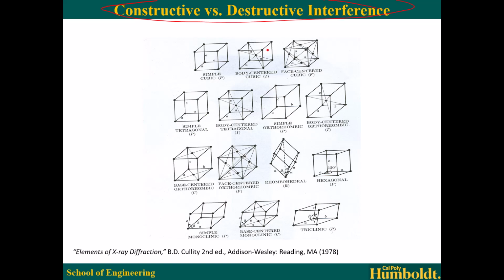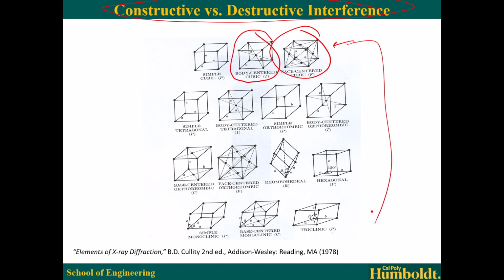Again, we are going to be looking at cubic structures in this experiment. So we're going to be looking at body-centered cubic, face-centered cubic, and some structures that we can basically translate into a basis that fits these cubic structures. Now, we have these 13 basically cubic structures. Cubic structures have the highest degree of symmetry.